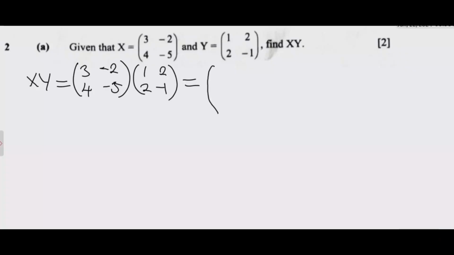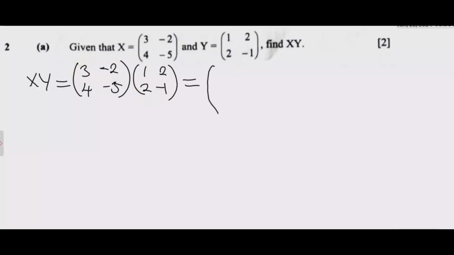Okay, then what you should understand is that when multiplying matrices, we multiply the rows by the columns. So first I'll start by multiplying this row by this column, then later on I'll multiply this row by that column. I'll be showing you every step I'm taking when multiplying, so just be with me.